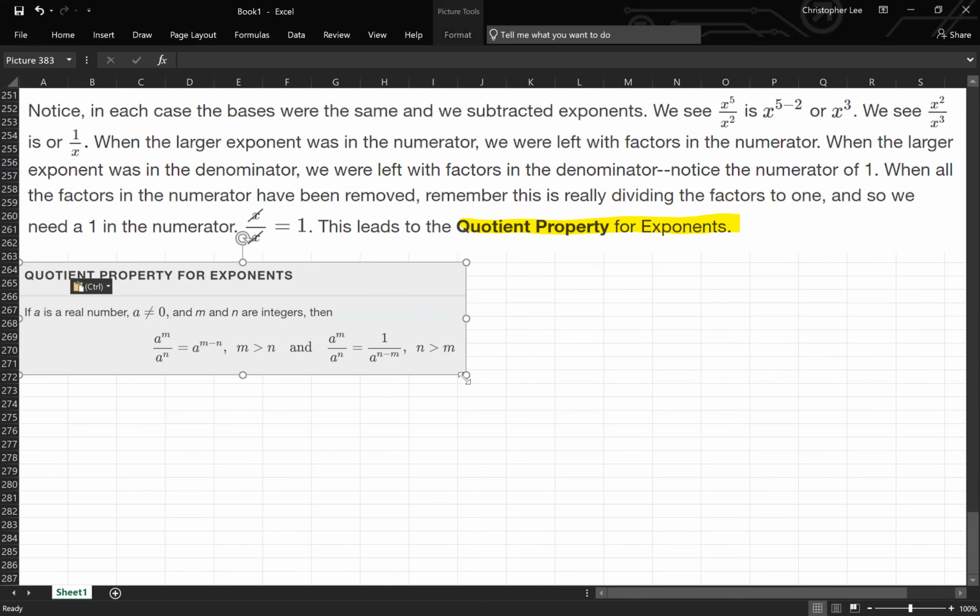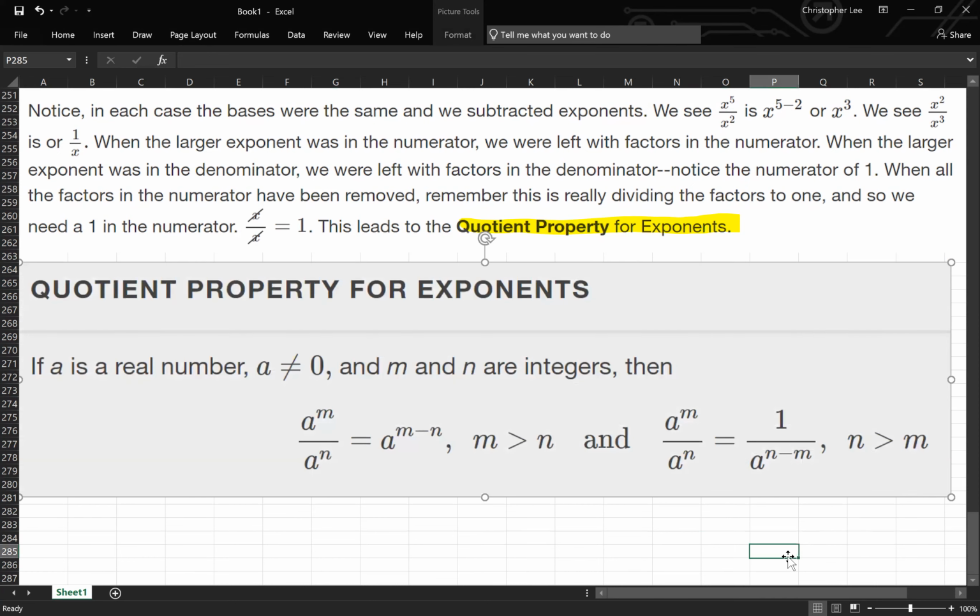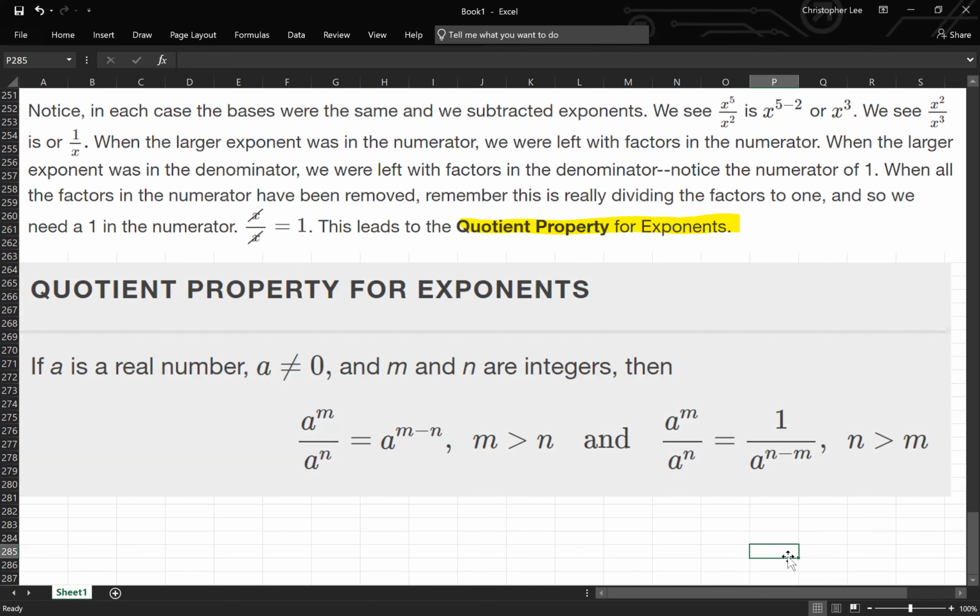So quotient property of exponents, let's take a look at what that is. If a is a real number, where a cannot equal 0, and m and n are integers, then a to the m power divided by a to the n power is equal to a to the m minus n power, where m is greater than n.